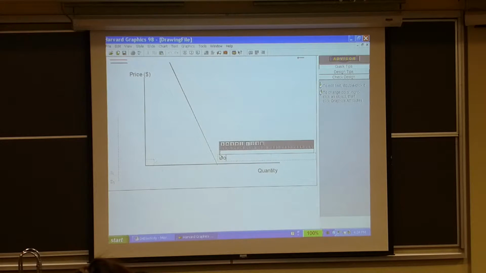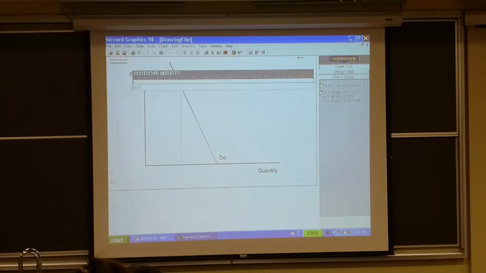Call it D0. And you'll notice at D0, here's the original price right here. Call this P0. And actually, I'm going to have another demand function like this. Call this D1.